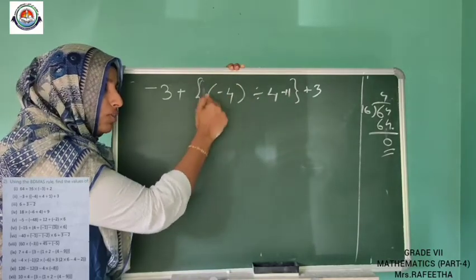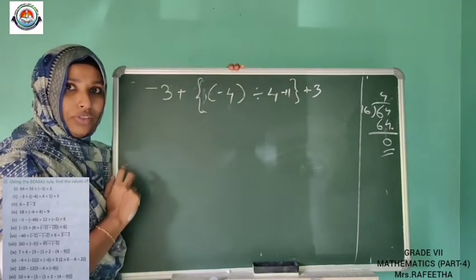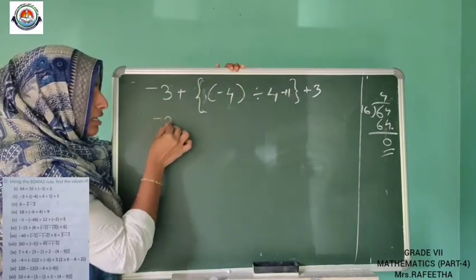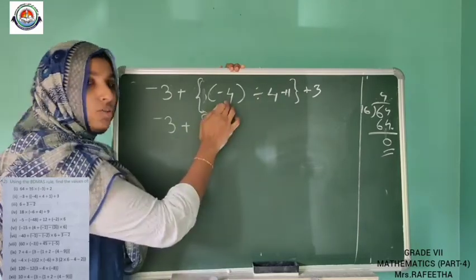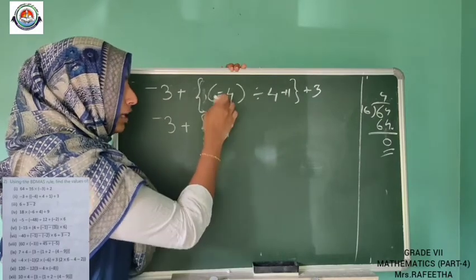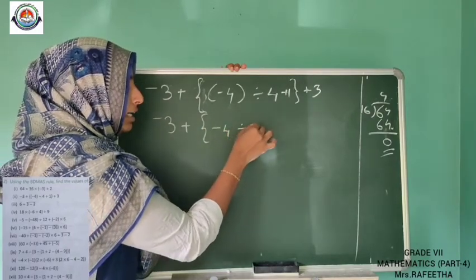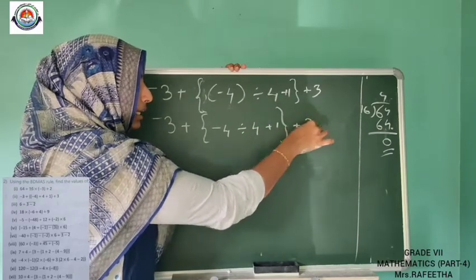So we want to solve this inside bracket first. Then only we can go out of that. Okay, so here minus 3 plus that bracket remains there because we want to solve the first bracket inside. So minus 4, we removed that bracket, divided by 4 plus 1 plus 3.